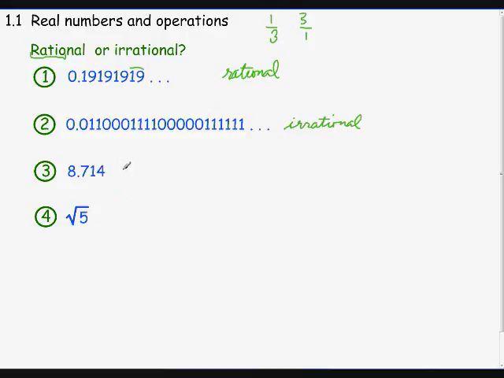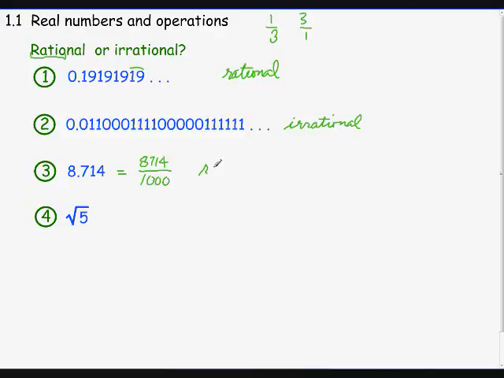How about this one? Well, notice there's nothing saying it goes on any further than this, which means that it could be written. So if it's a terminating decimal, then it is a rational number. And think about it this way. I could write this as 8,714 over 1,000, couldn't I?